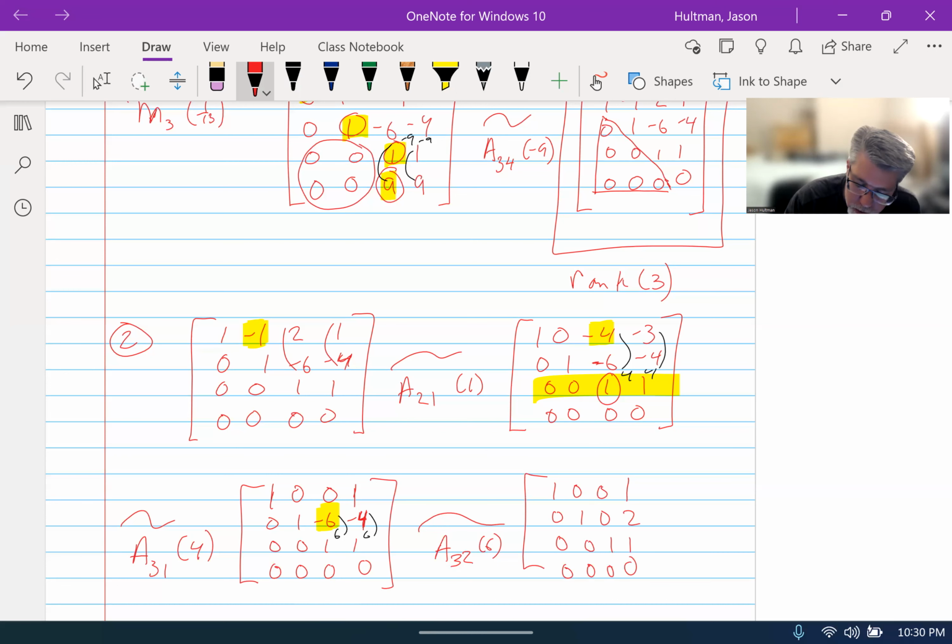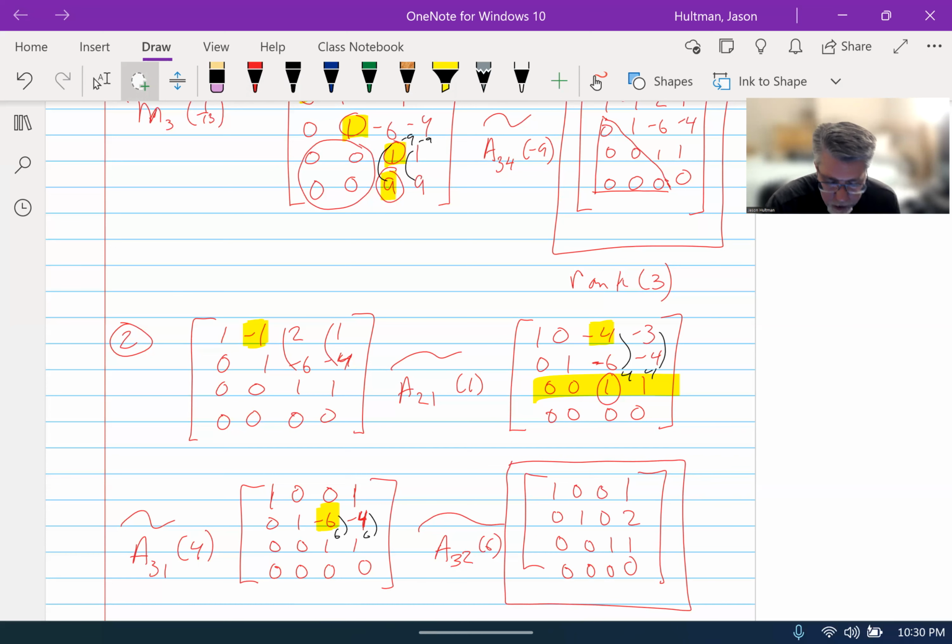And that's the reduced row echelon form. Okay, and that is the result of that matrix.